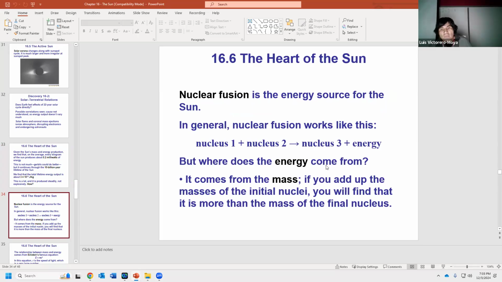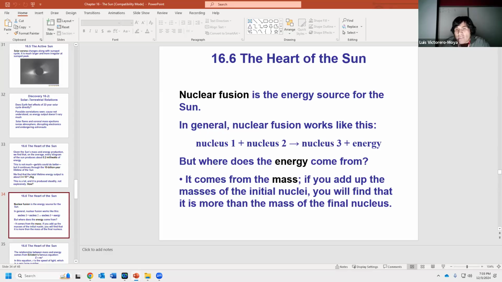Well, let me explain basic nuclear physics. If you have hydrogen, and then you get a heavier nucleus of hydrogen here and energy, believe it or not, the mass on this side of the equation is different than the mass on this side of the equation. Not all the mass becomes nucleus free.